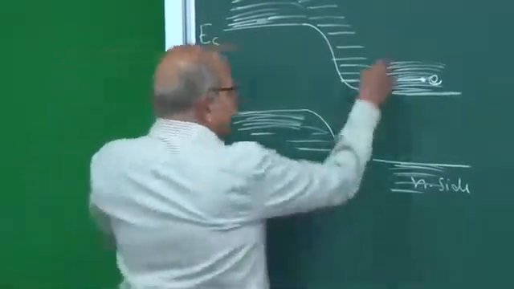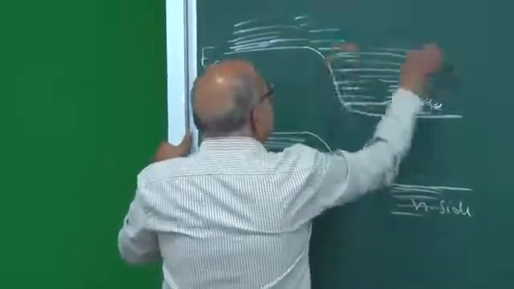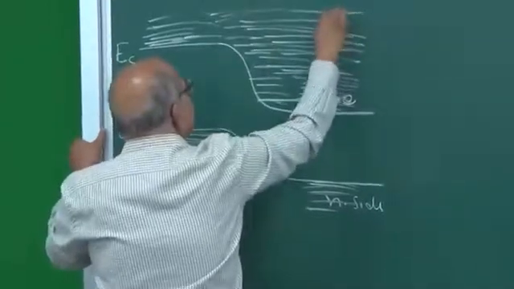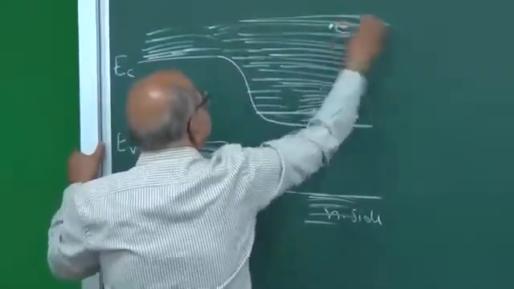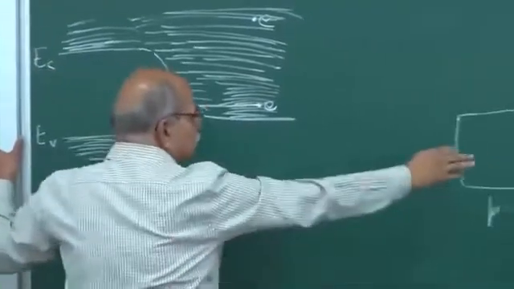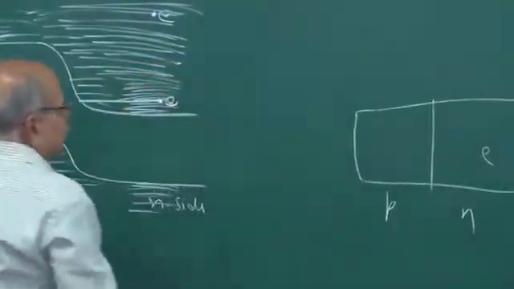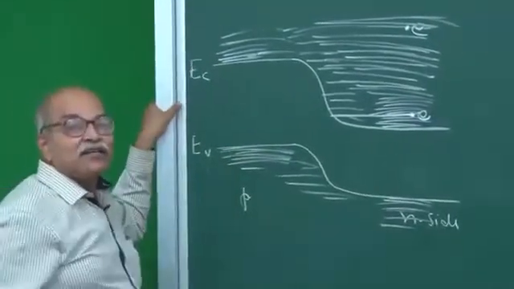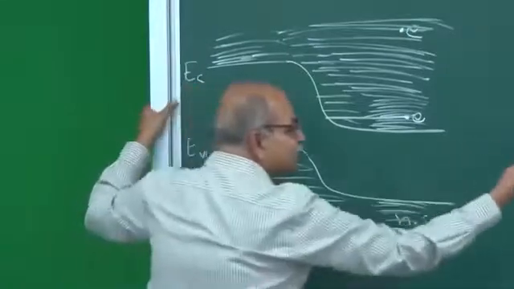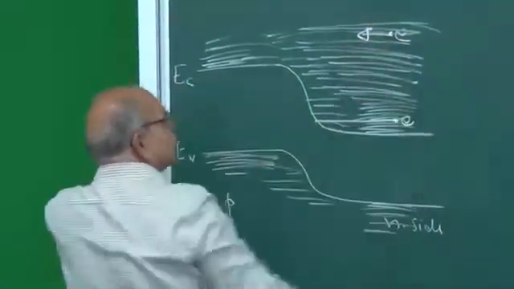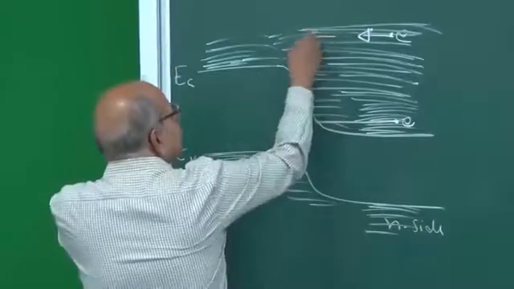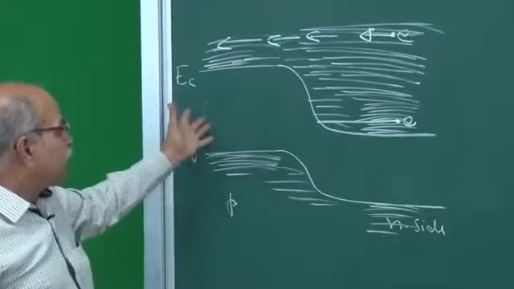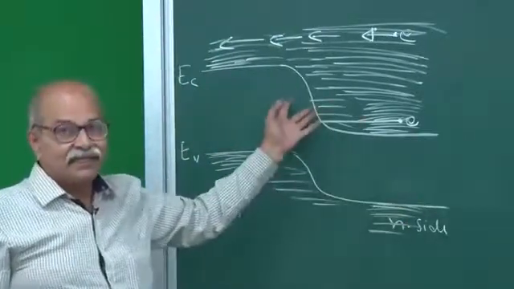But if you have an electron in this quantum state, again an electron in the n side, a conduction electron, but occupying a much higher quantum state, and if that comes in this direction, then with that same energy it can completely go into the p side, it can cross the depletion layer.